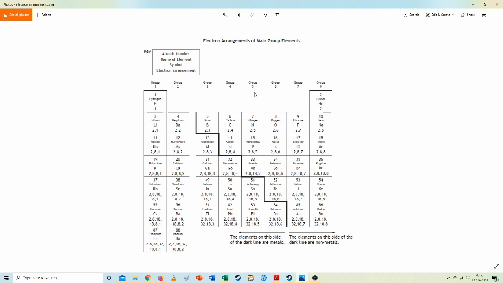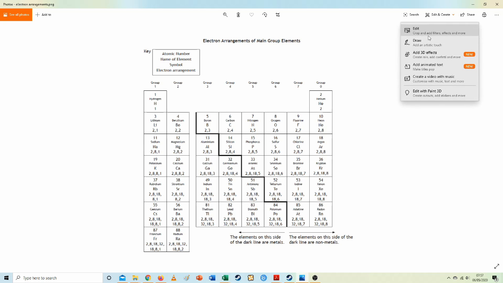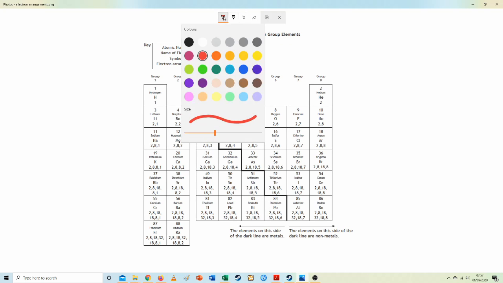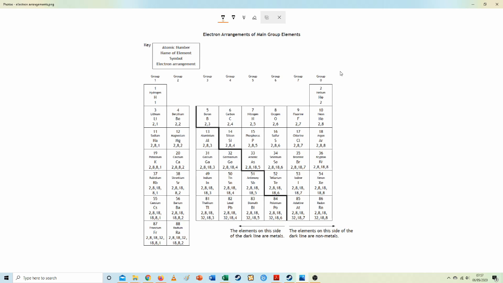Then it starts to go down, so group 5 is 3, group 6 is 2, group 7 is 1, and group 0, sometimes called group 8 as well. So group 0/8. That last group does not make any bonds at all.